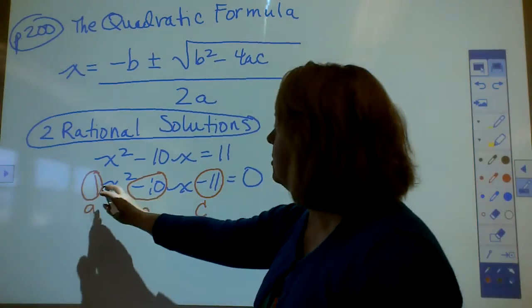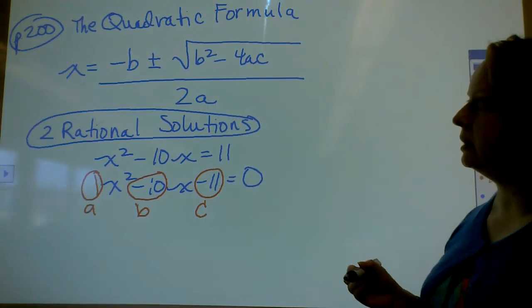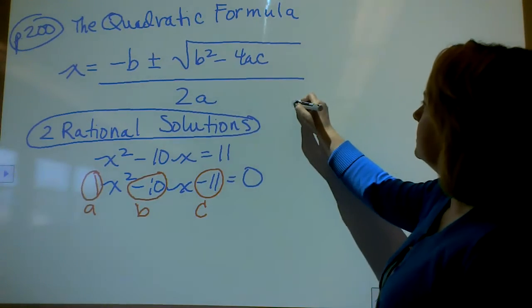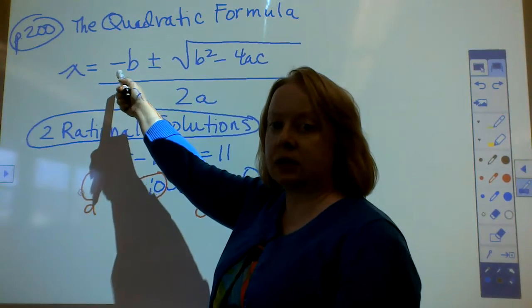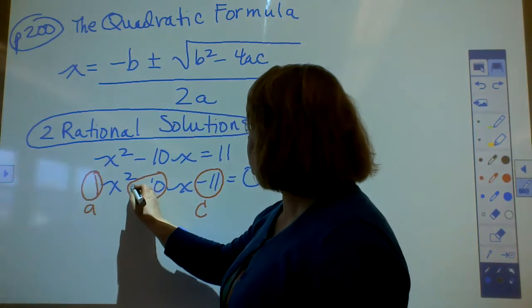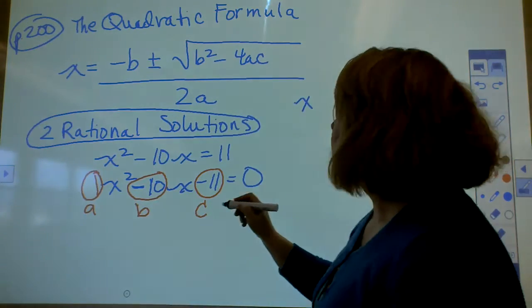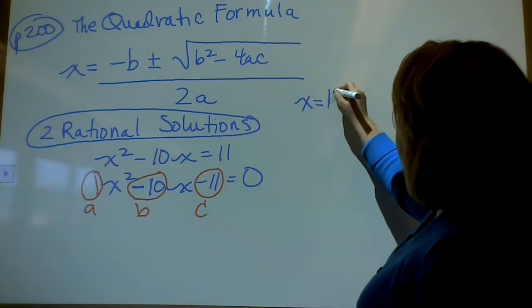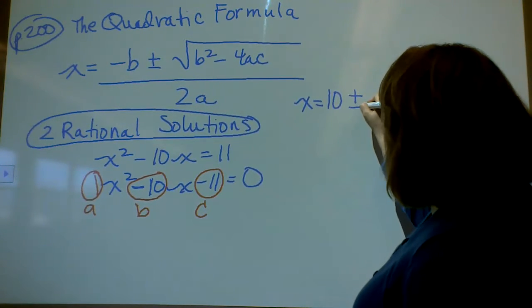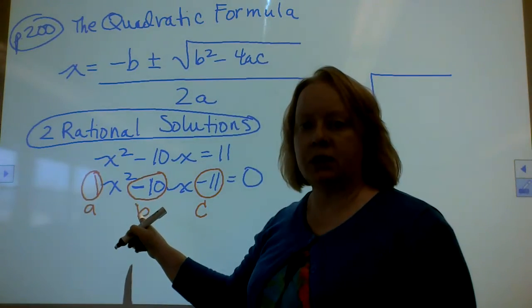Let's take our values and plug them in to that formula. So x is going to equal the opposite of b. The opposite of a negative 10 is going to be a positive 10. So x equals 10 plus or minus the square root of b squared.